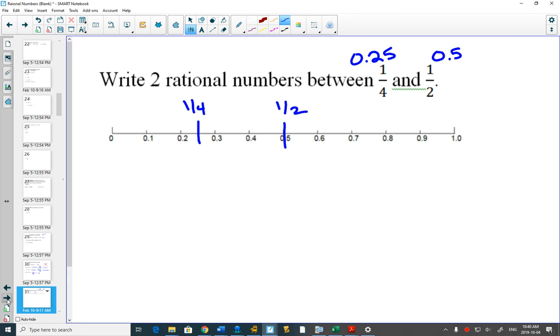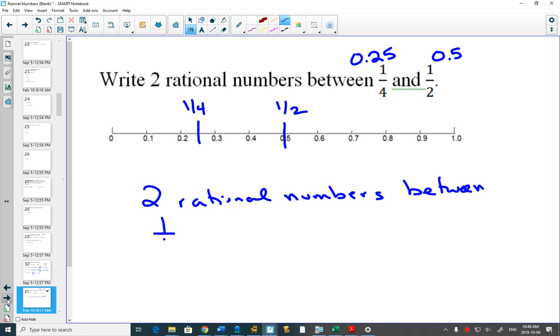If I label those, can you see two rational numbers between 1/4 and 1/2? Well, there's two that are right there that we can see right from our number line. 0.3 and 0.4.